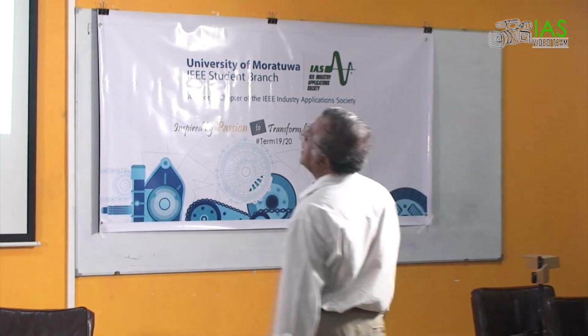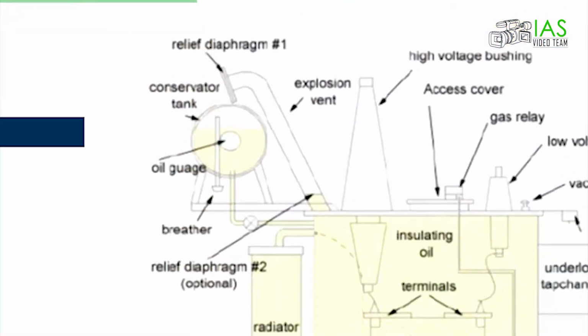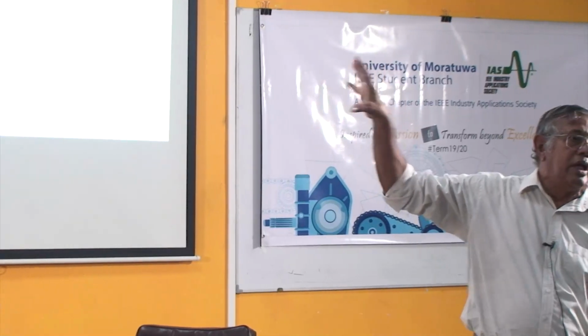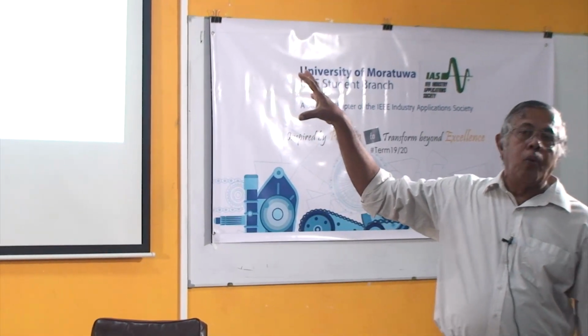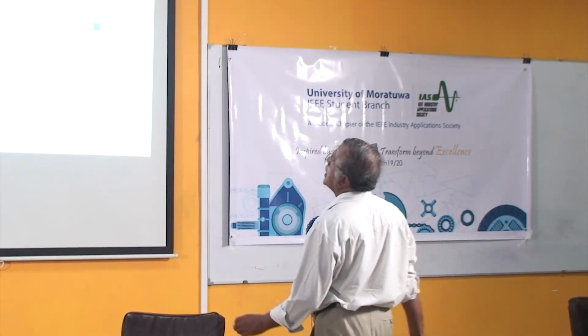That is also called an explosion vent, and that is the conservator tank. The conservator tank has an oil level gauge. We'll go into other slides, and I'll show you what an oil level gauge looks like.